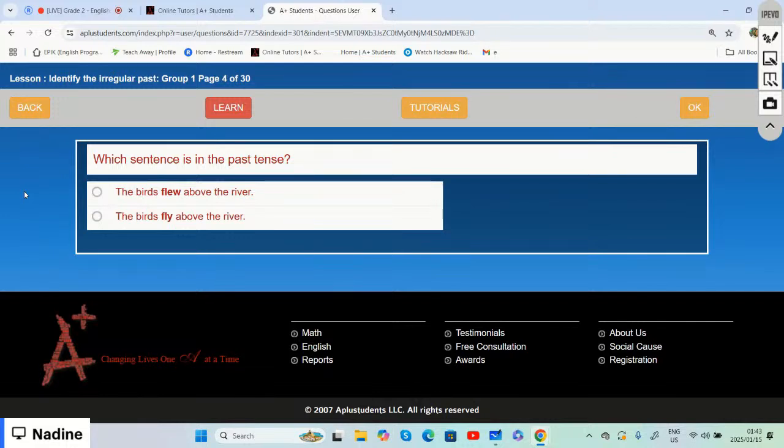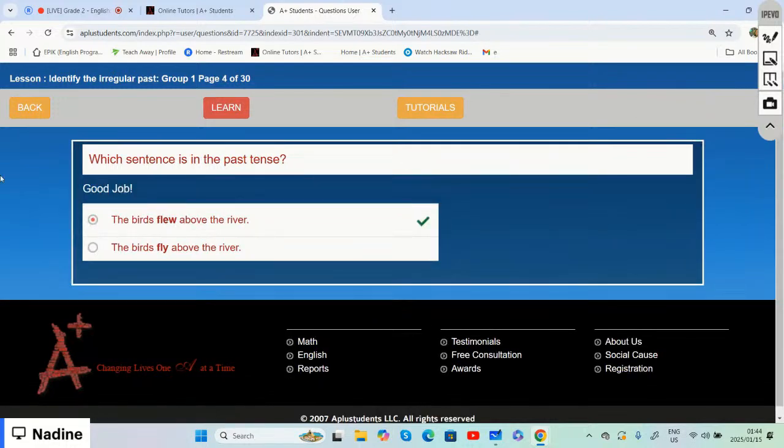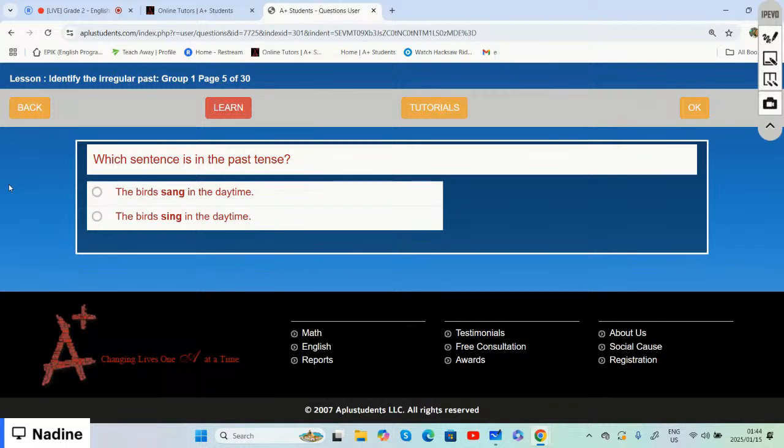And if we were to identify the past tense form, then yes, we can say the birds flew above the river. If we say they fly, then it's something that they're doing now. So well done. Flew is correct.